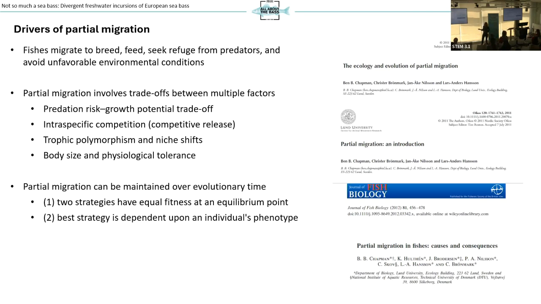There are believed to be two main mechanisms by which partial migration is maintained over evolutionary periods. One is that either fraction of the population has the same fitness, or that it is predetermined, that only males move or only fish of a certain age will move.